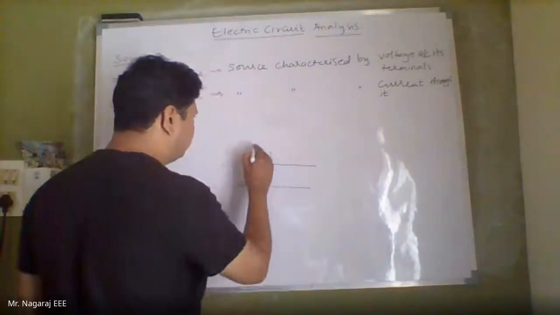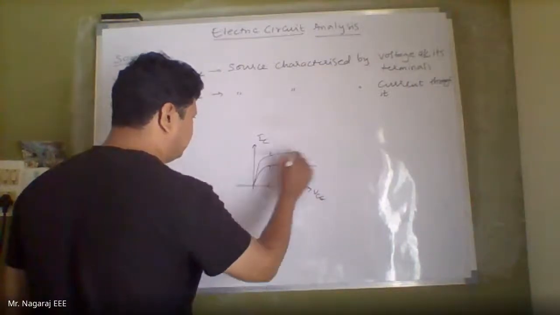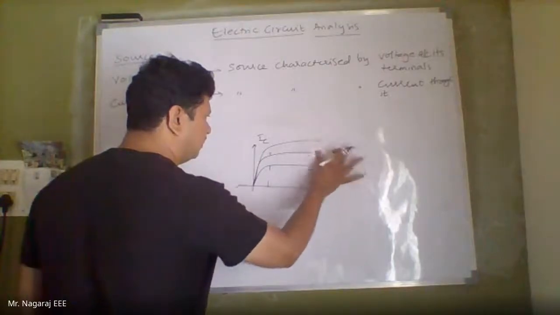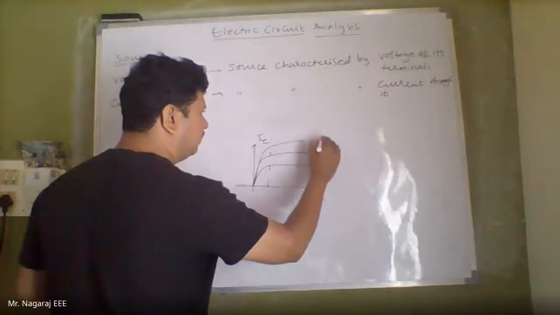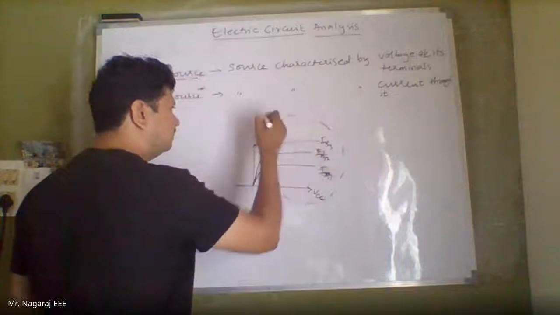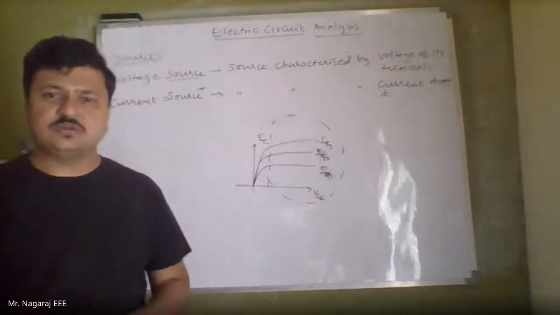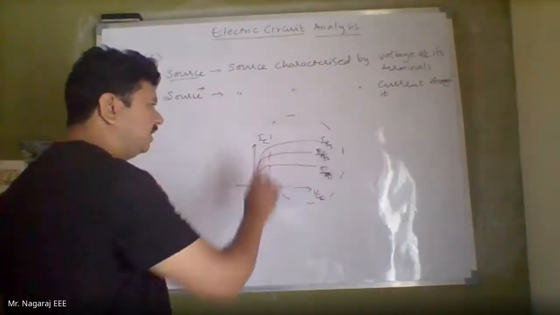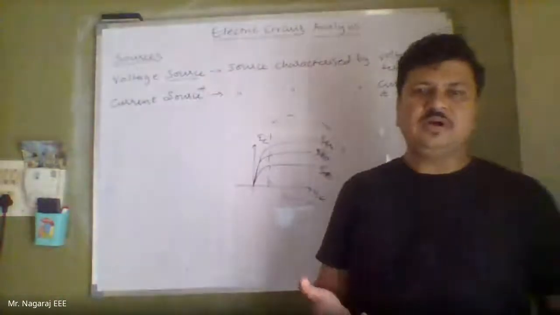This is IC and this is VC at various base currents, IB1, IB2, IB3. So this is all my active region. In the active region, the transistor is operating like a current source because even though there is variation in the voltage, my current IC remains constant. So a current source is a source that will deliver a constant current.